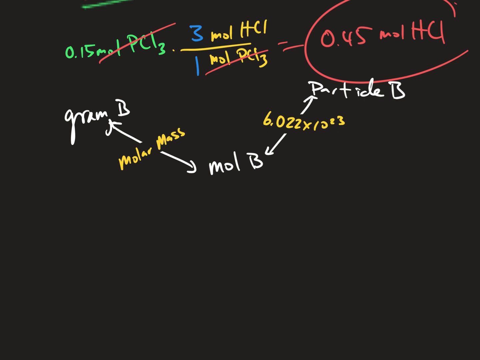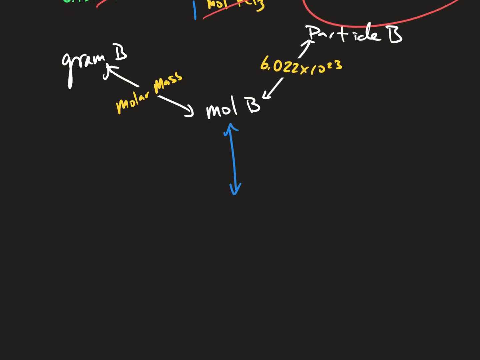And then we go from moles of substance B to moles of substance A. And notice these arrows are double. We can go from either side. And then we could just grab all of this stuff and flip it upside down and call it A, right? Same thing.